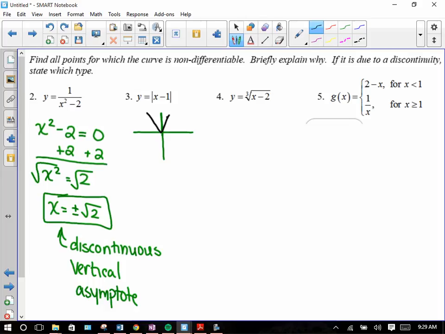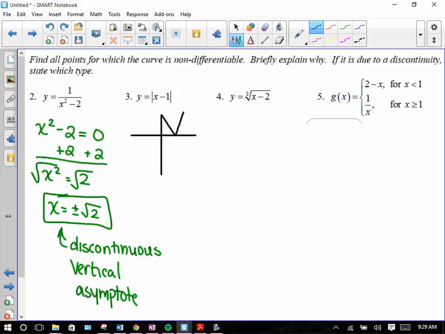The absolute value of x minus 1 is going to look like that, except you shift it to the right one. So, first of all, what does this have that makes it not differentiable?